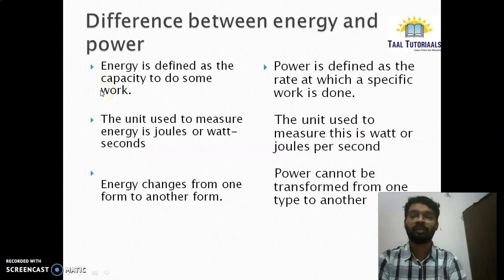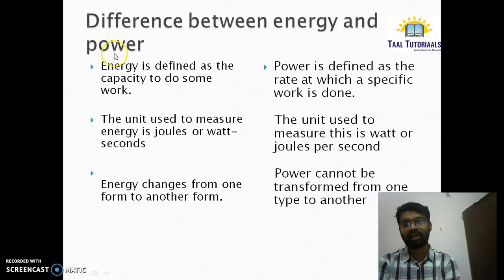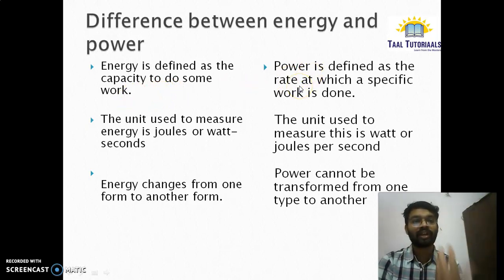Now in this slide, we will be differentiating between energy and power. As we know, energy is defined as the capacity to do work. However, power is defined as the rate at which that work is done.